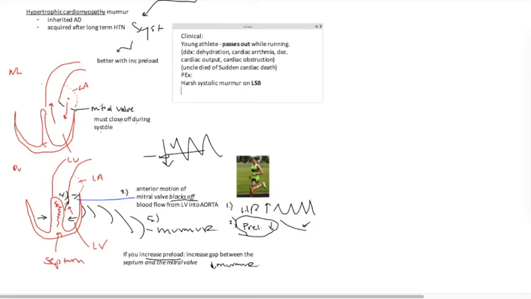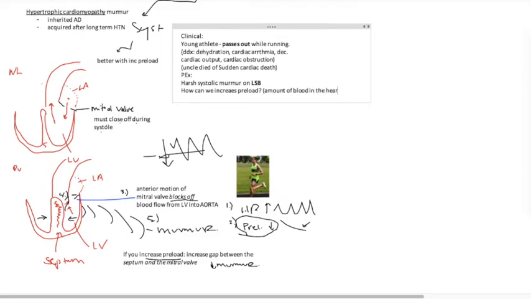On the physical exam, you can change the murmur. You can do things that can increase preload. So during the physical exam, how can we increase preload in the heart? Remember, preload is the amount of blood in the heart, right?